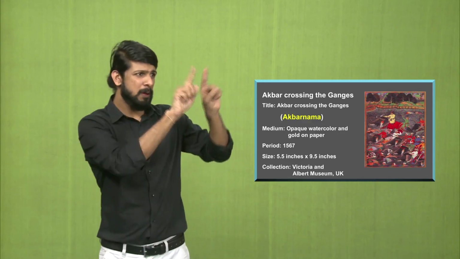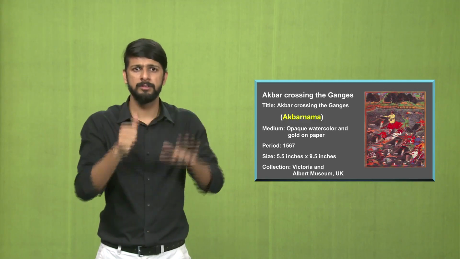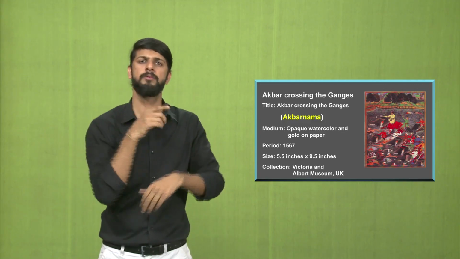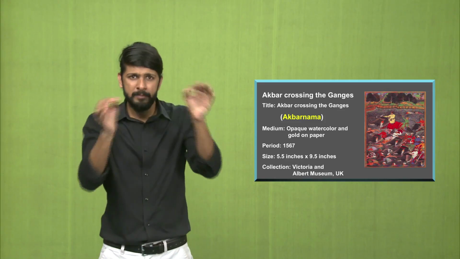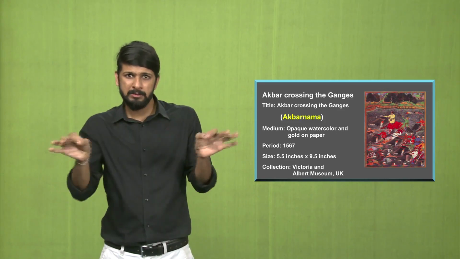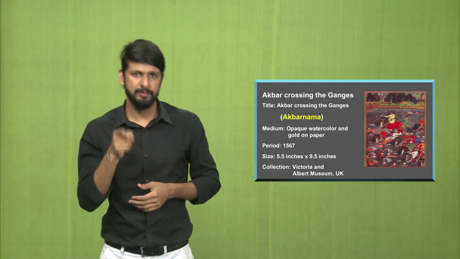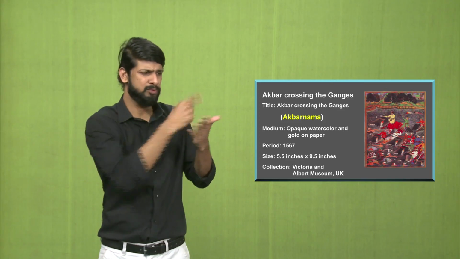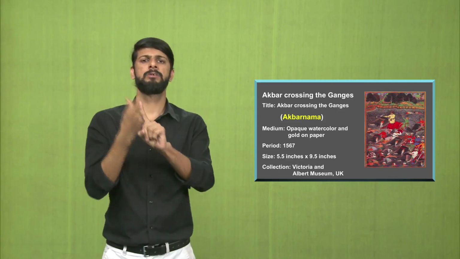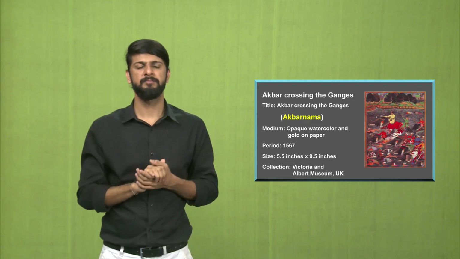The period of this painting is 1567. The size is 5.5 inches by 9.5 inches, and this painting is at the Victoria and Albert Museum, London.